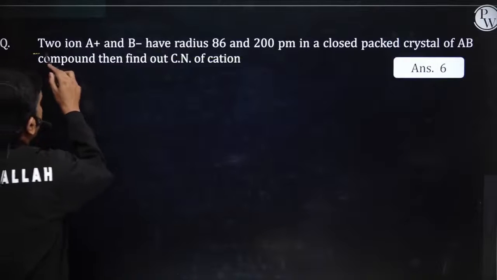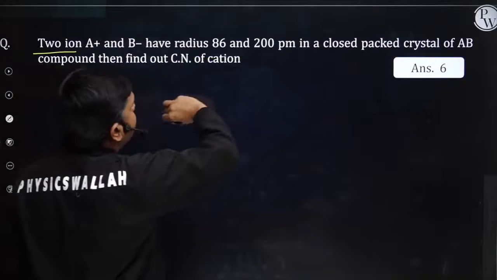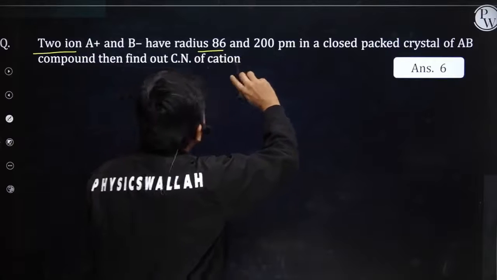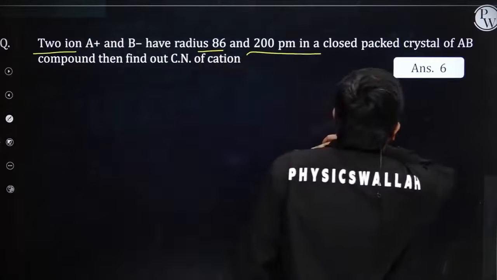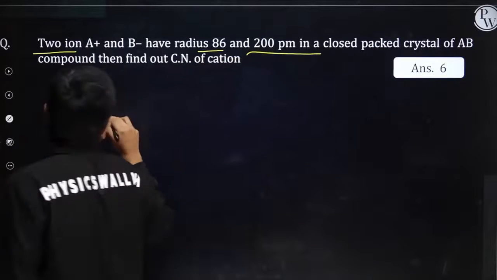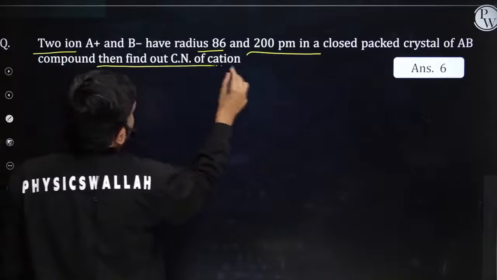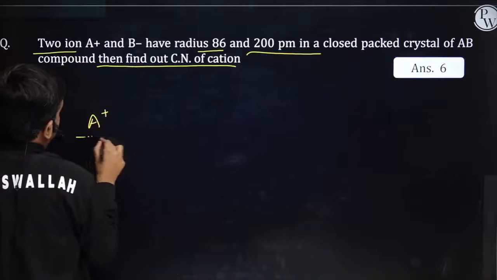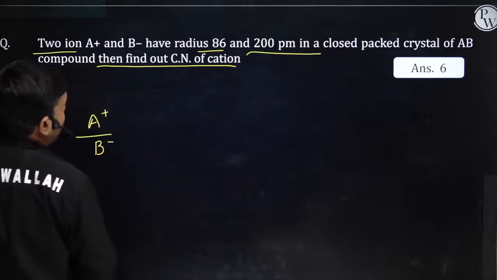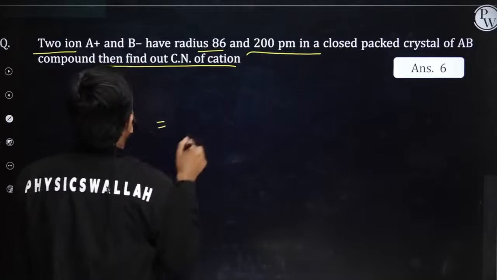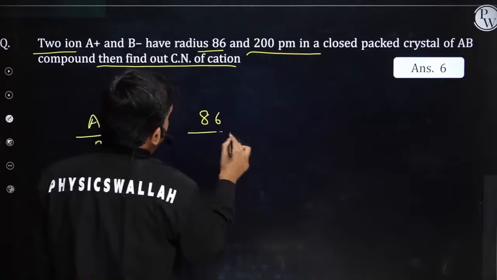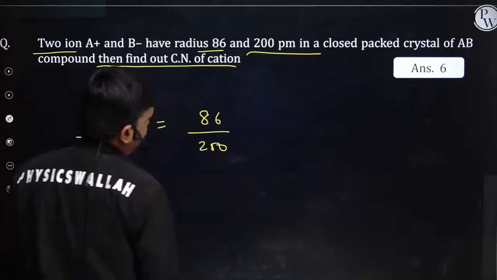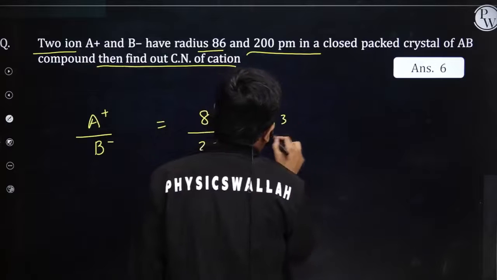Two ions A+ and B- have radius 86 and 200 picometer in a close packed crystal of compound AB. Then find out the coordination number of cation. Perfect. A+ upon B-, what's the radius ratio? It's 86 upon 200, right? So it's 43 upon 100.